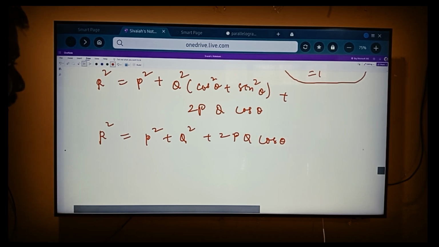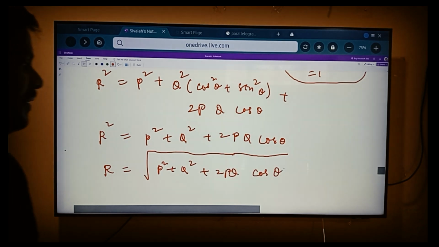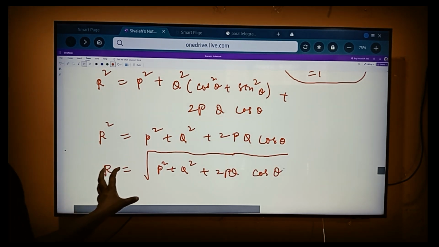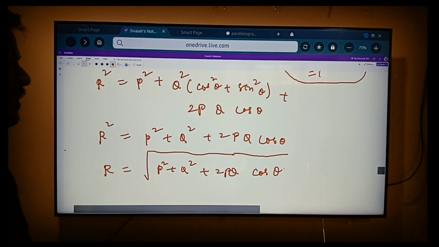Now you can see R equal to root over P square plus Q square plus 2PQ cos theta. So this is the value: R equal to root over P square plus Q square plus 2PQ cos theta. So this is about parallelogram vectors.